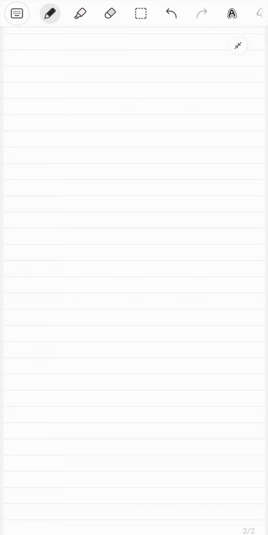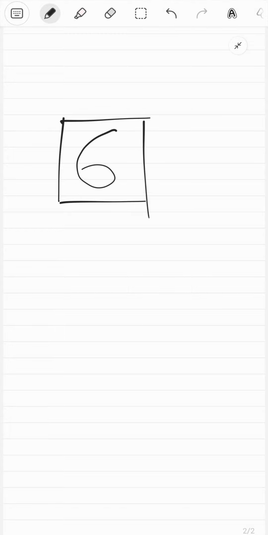The classic way of explaining this is using the MNIST data set, where you have handwritten digits. Maybe you have this handwritten digit 6, which is actually very pixelated and not as smooth as it appears.